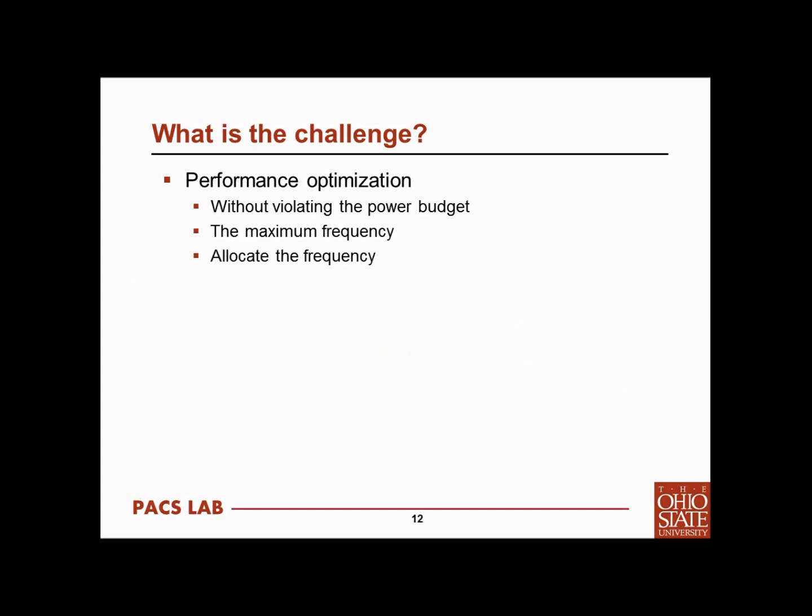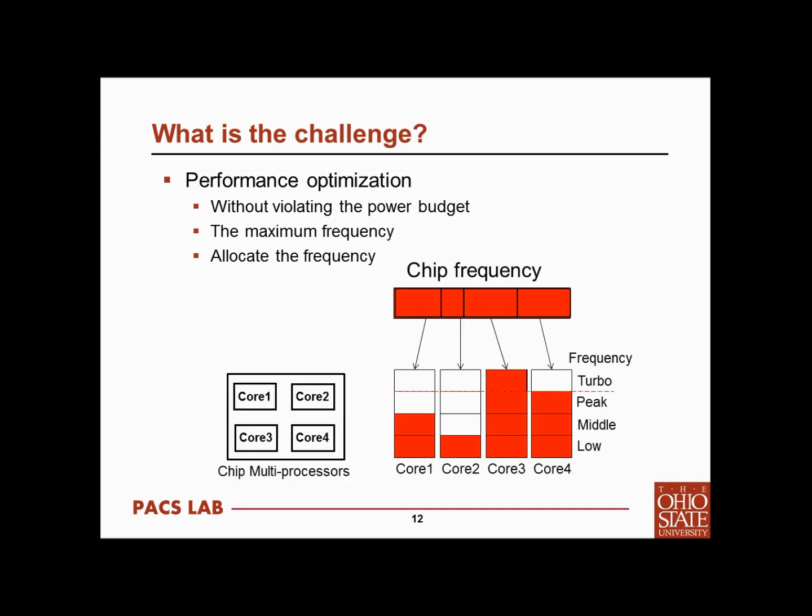On top of that, we also need to consider how to allocate the resources. Also take frequency scaling as one example. For a multi-core processor, even if we come up with a way to decide the total frequency quota of the entire chip, since different cores can be running at different frequency levels, how to allocate the overall chip-level frequency quota to each core will make a very big difference in terms of performance, because each core is running a different application.